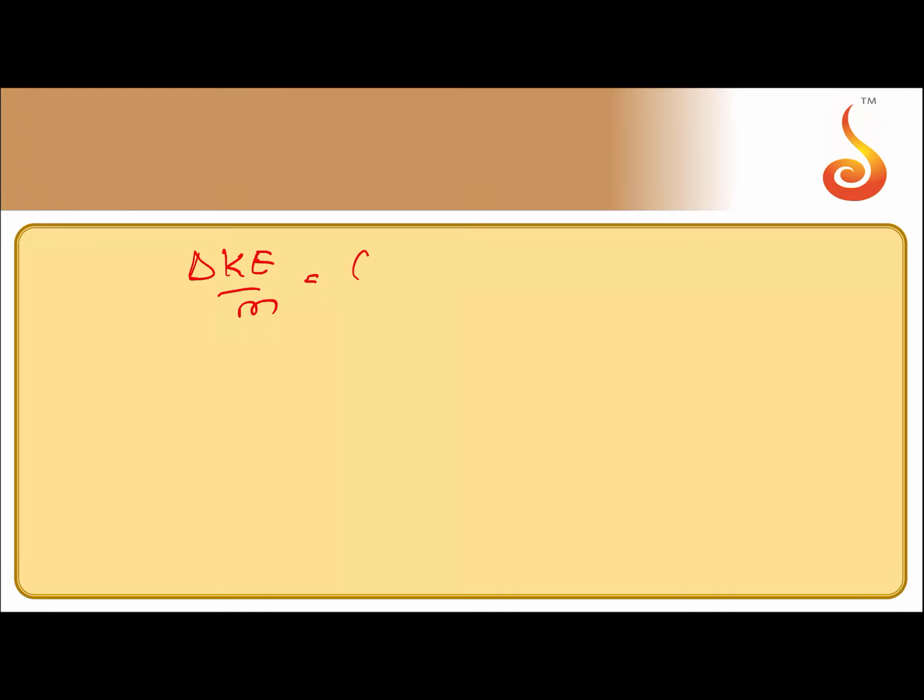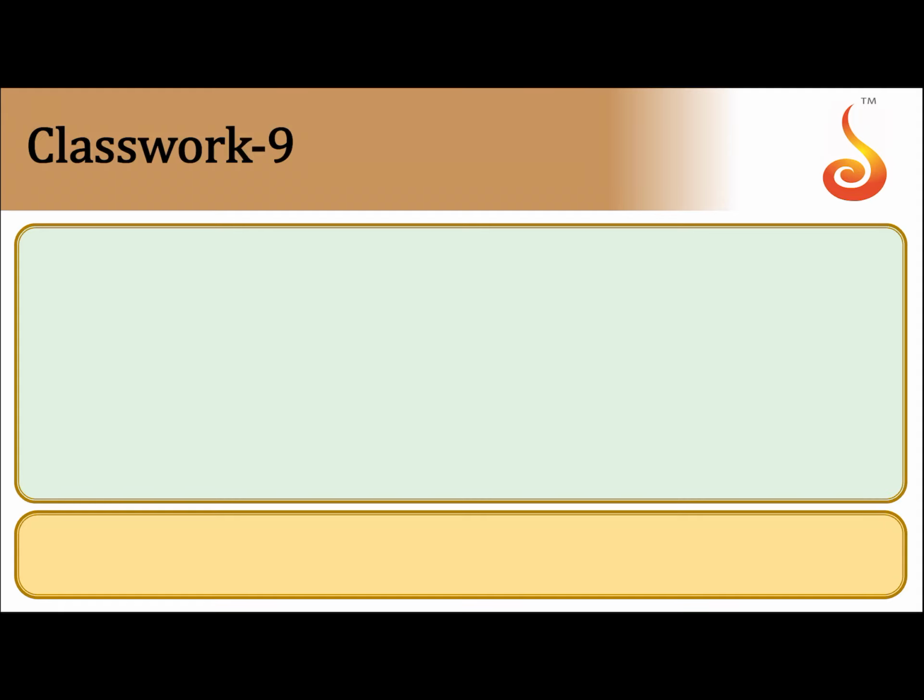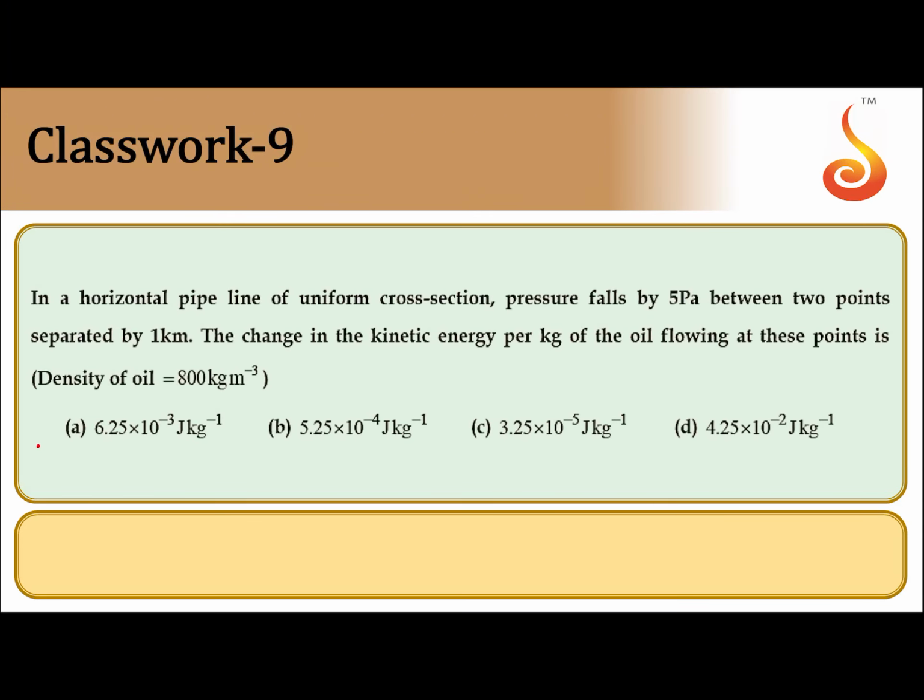If you simplify the earlier equation, you get 6.5 into 10 to the power of minus 3 joule per kg, of course. Remember that distance has no effect here. That distance of 1 kilometer has no effect because this is a horizontal pipe. That's redundant data.